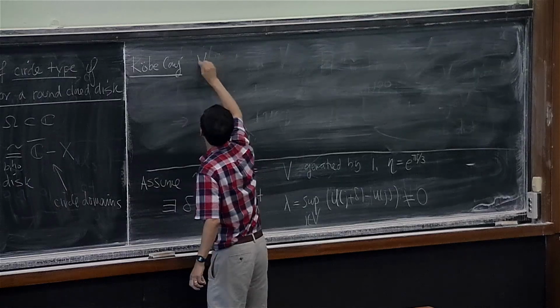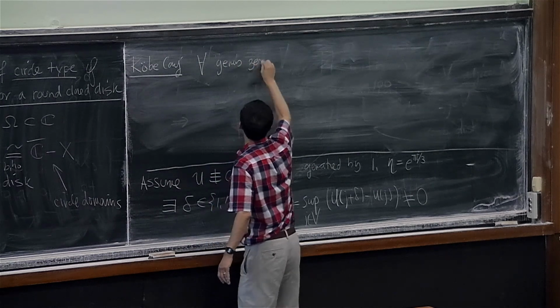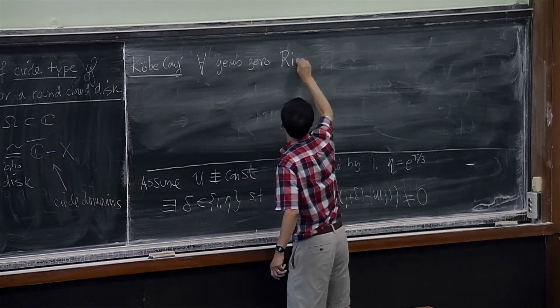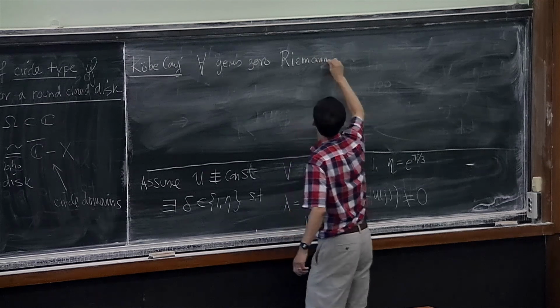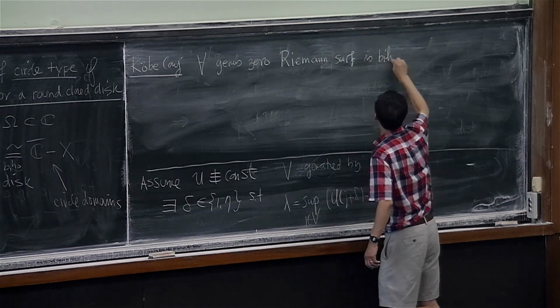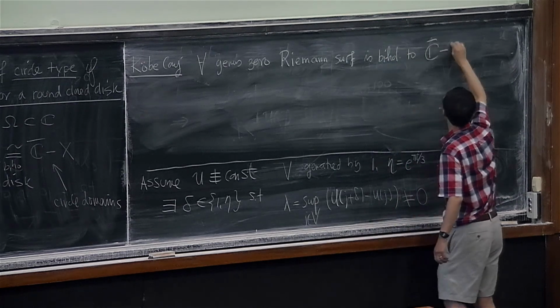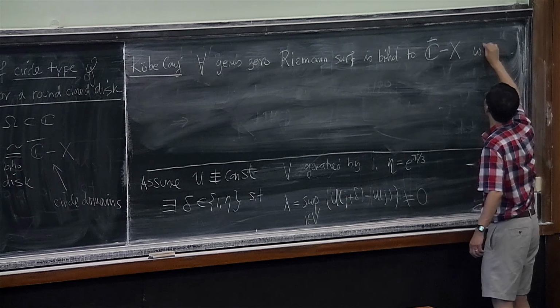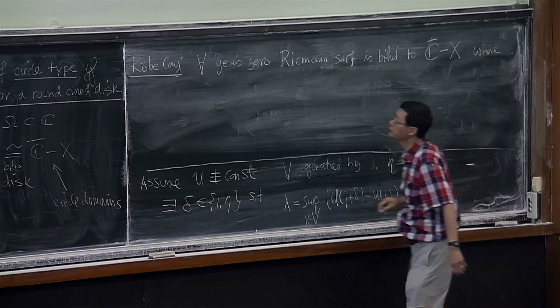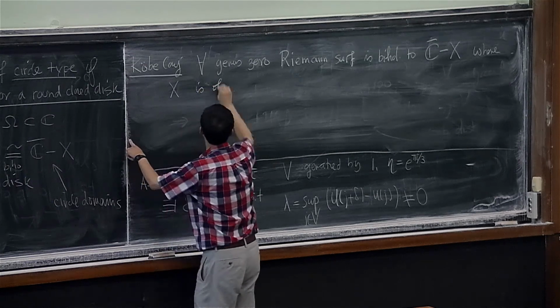Every genus 0 Riemann surface is biholomorphic to the Riemann sphere minus X, where X is of circle type.